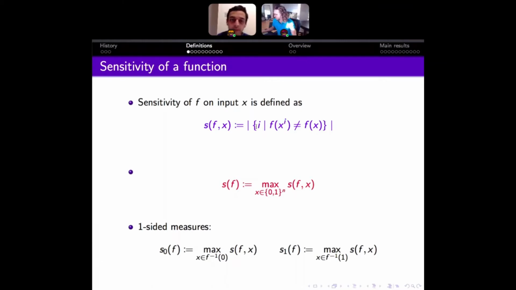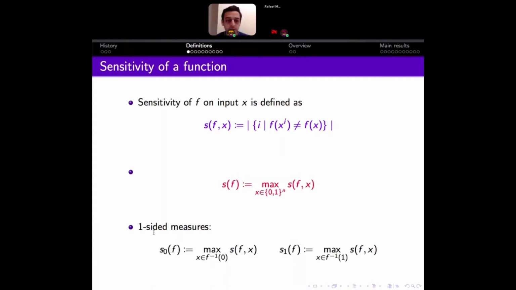So this is just counting the number of bits i such that the function value at x to the i is not the same as the function value at x. The sensitivity of the function is defined as the max of the sensitivity of f on inputs x, where the max is taken over all the inputs of length n.